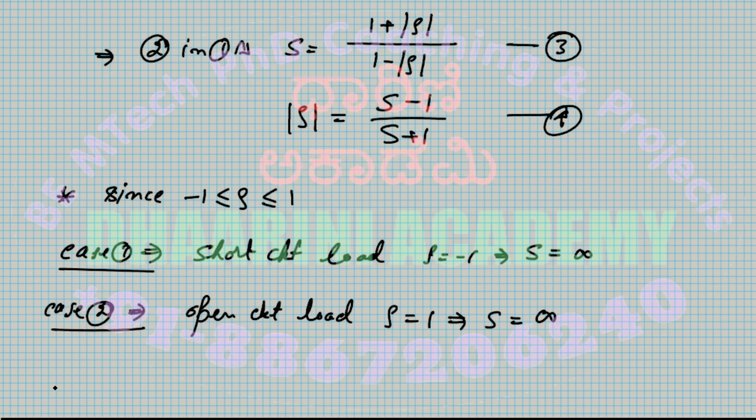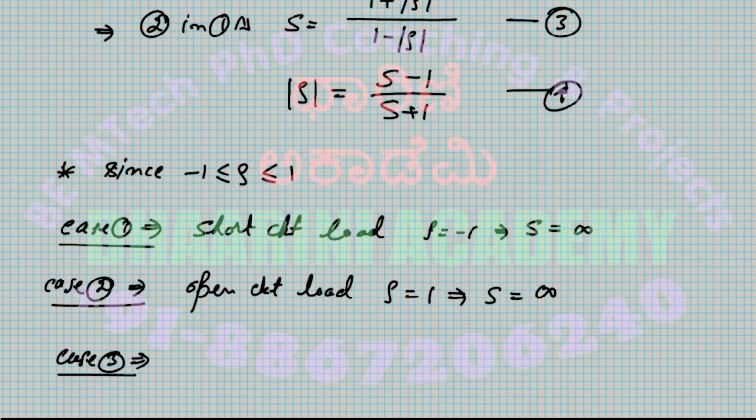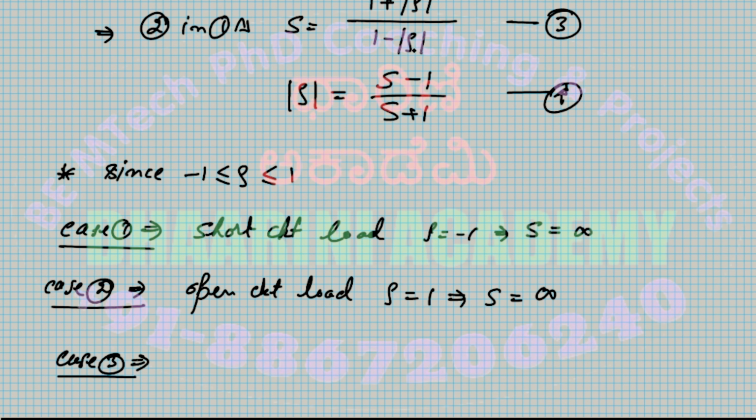Next case, case 3. Complex, in the sense I don't know the value of rho, so I may not be able to go ahead with the calculation. So whatever rho value you get, you will substitute its magnitude. So for now, my case 3 here is a matched load.